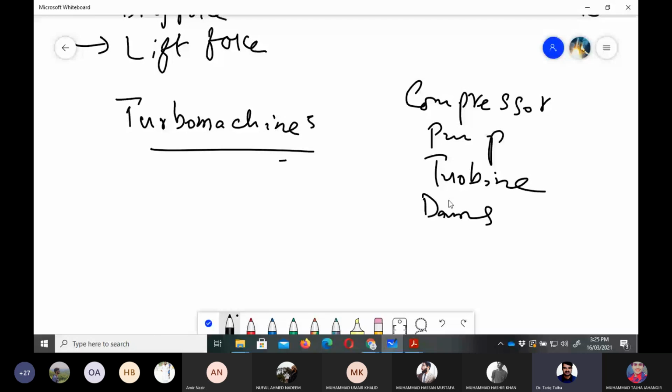So the direct application of fluid mechanics is in turbo machinery. Turbo machinery involves some kind of rotation of some rotor blade. Either we provide electric work, as in a pump or compressor, in which we drive the turbo machine by the provision of electricity.